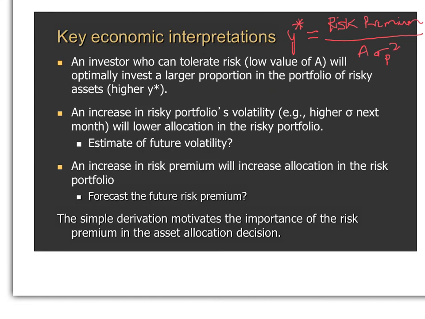And then finally, you have the coefficient of risk aversion A, and this tells us that holding risk premium and volatility of the risky portfolio constant, if someone has a higher degree of risk aversion, that is, they cannot tolerate risk, then they would invest less in the risky asset. So this is a very simple derivation, but as you can see, it's very intuitive, and it's consistent with a logical way of thinking about portfolio allocation.